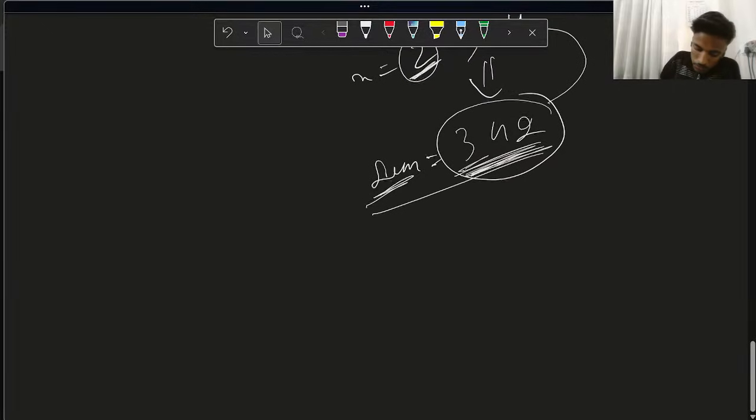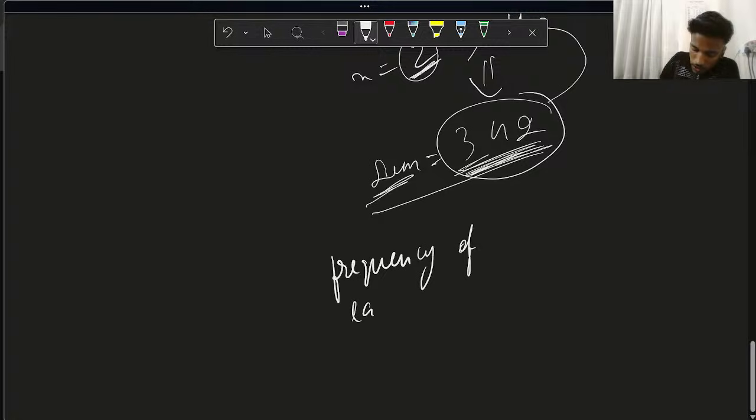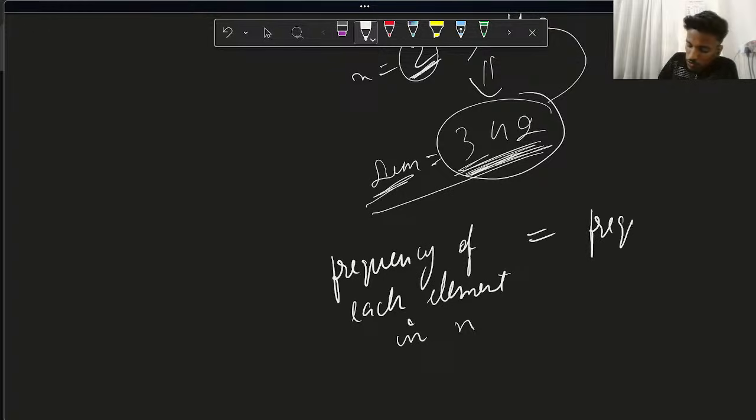Like I am saying, frequency of each element in n should be equal to frequency of element in sum. So this is the main condition.